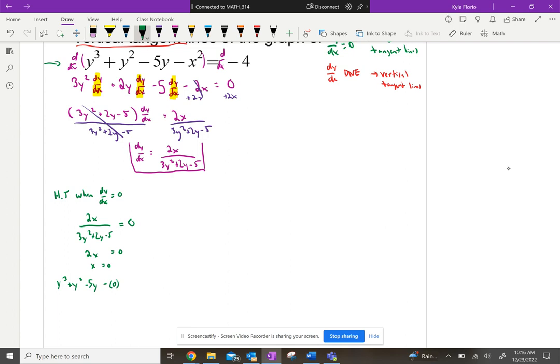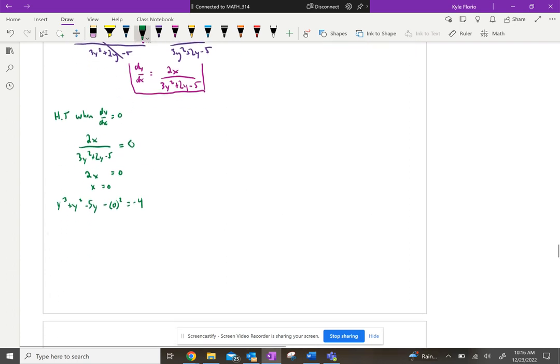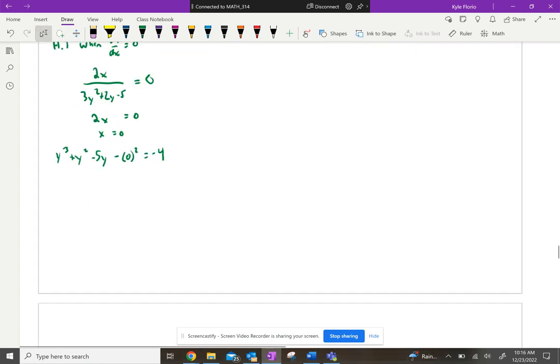The original, not the derivative. Why is that? Because I'm trying to find a point on the equation, so I need the original equation to find where the points are. If you do the derivative, then you're dealing with slope, and I'm not interested in the slope. I'm interested in what y value this occurs at. So the x value is 0. The y value is what I'm trying to find.